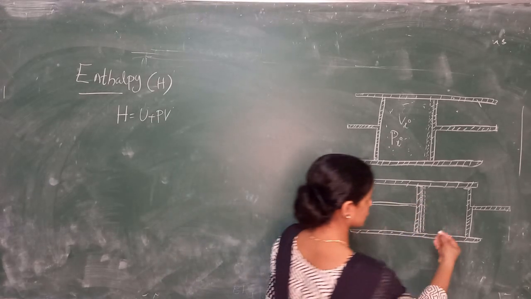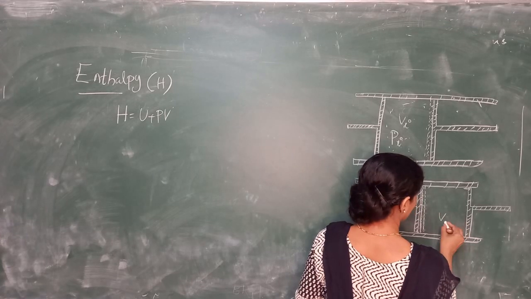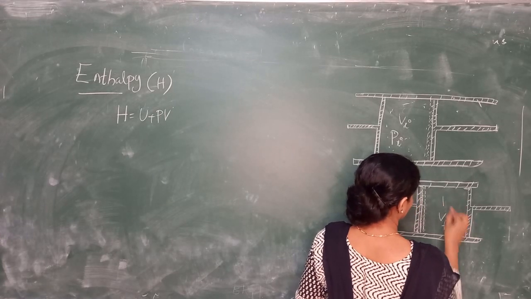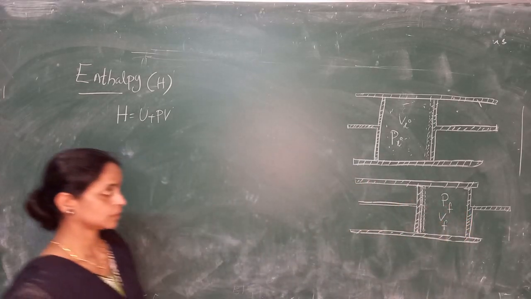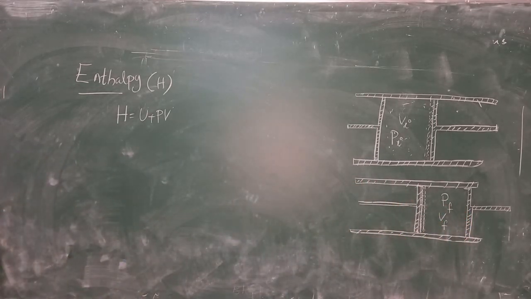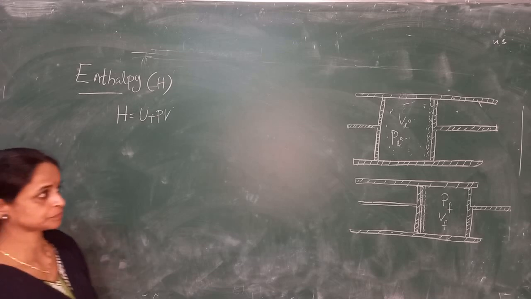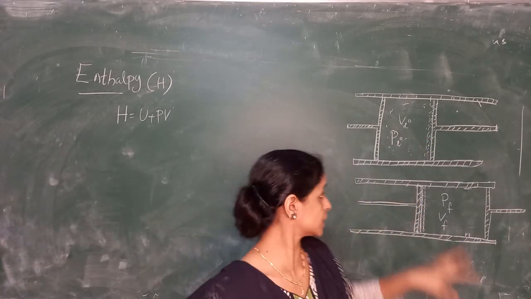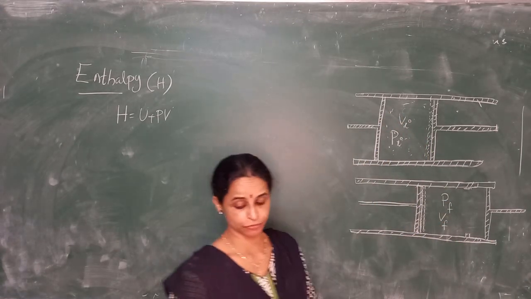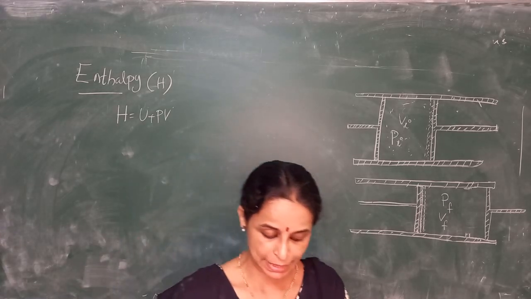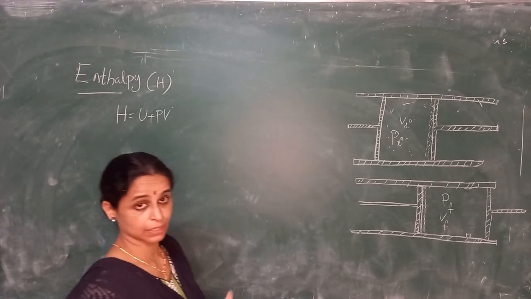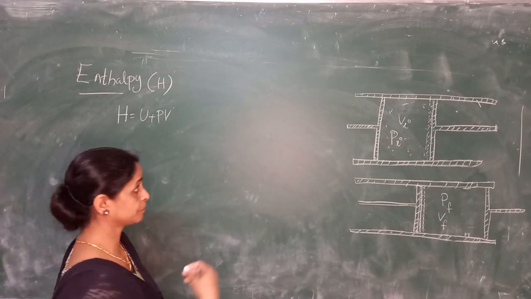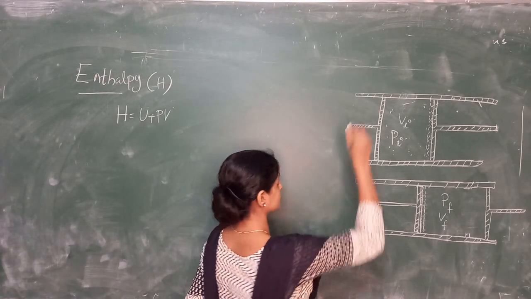Now the volume here is some Vf and the pressure here is some Pf. Pi is greater than Pf, we are giving it in such a way. So this one is Pi Vi and this is Pf Vf. We are maintaining the pressure, and this type of process is known as a throttling process.